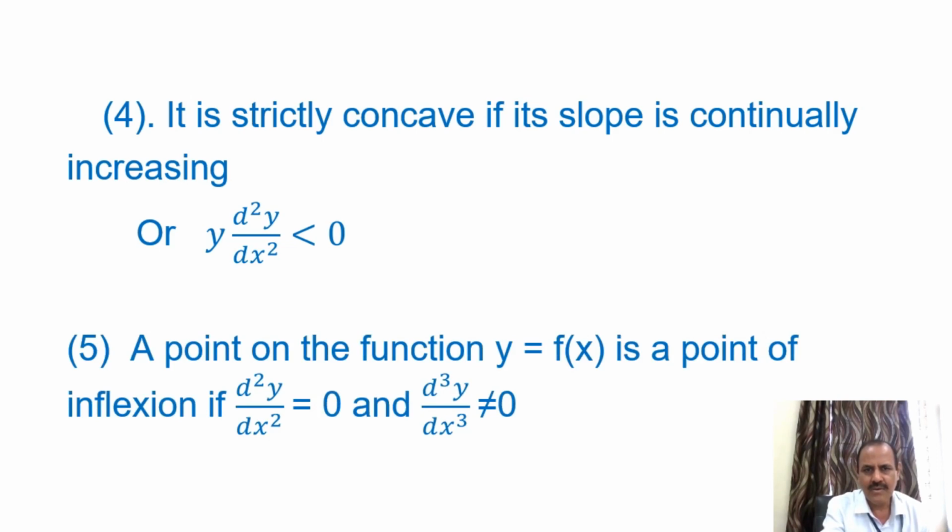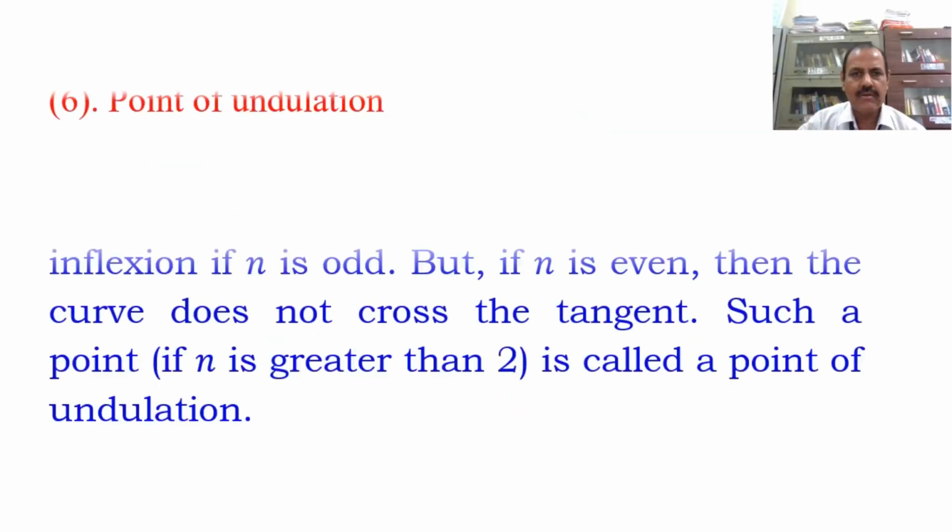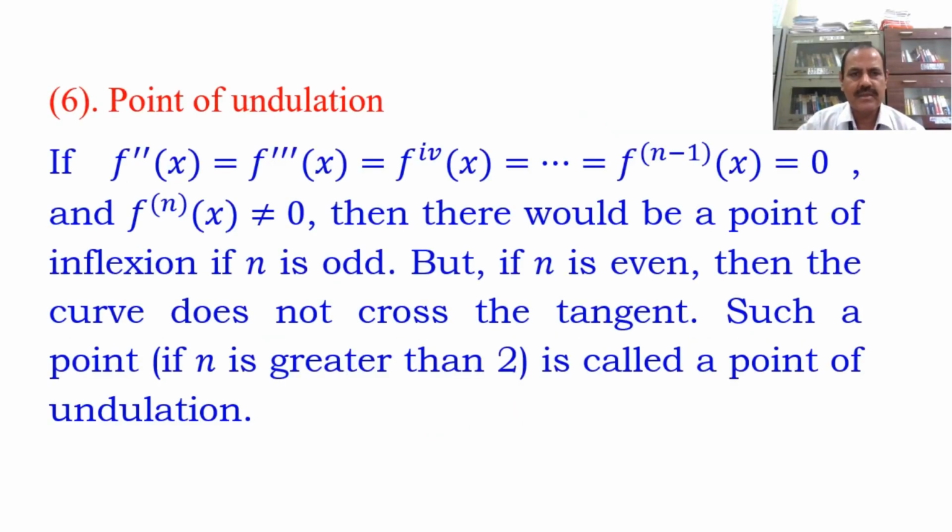And a point on the function y equal to f(x) is a point of inflection if the second derivative is 0 but the third derivative is not 0. Then you can calculate the point of inflection mathematically. Now another concept, point of undulation.